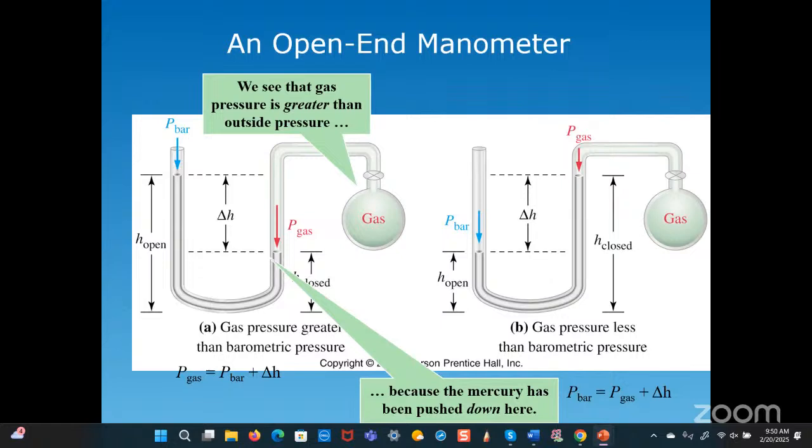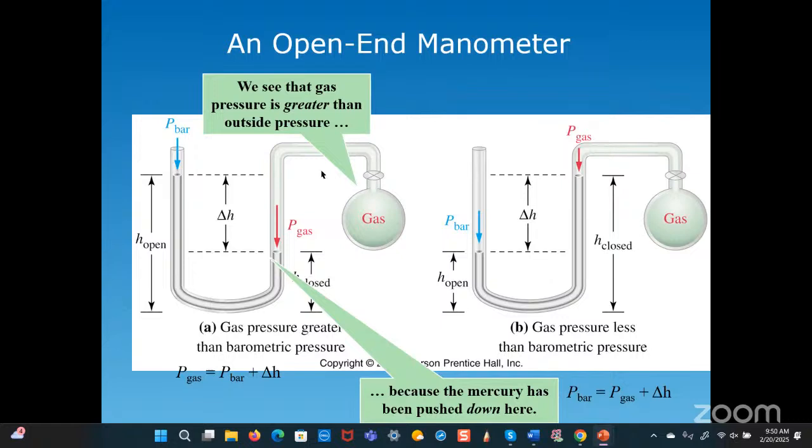So what that tells us is that the pressure exerted by the gas on the surface here would be greater than the atmospheric pressure acting on the surface of the mercury on the other end. This P bar here is the atmospheric pressure, also known as the barometric pressure. That's why they call it P bar.